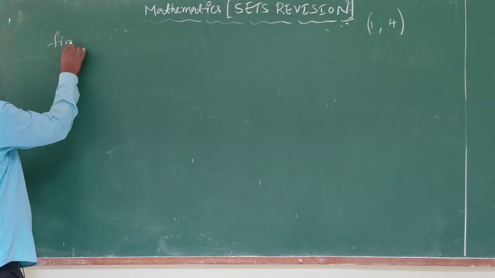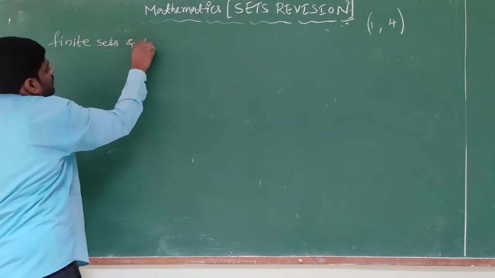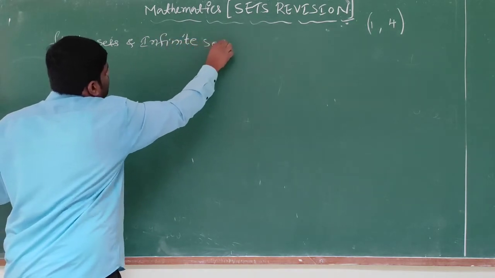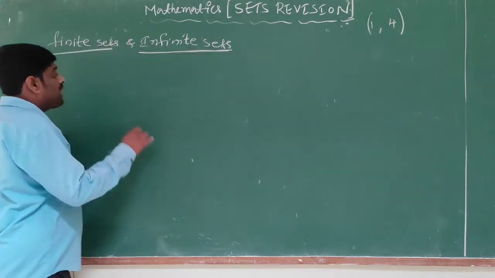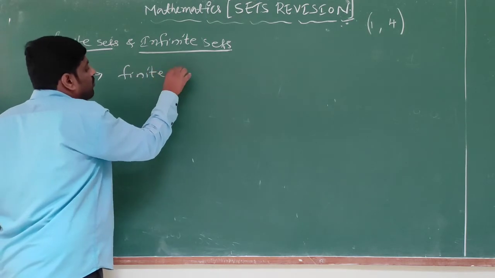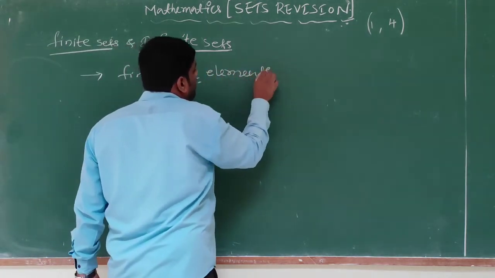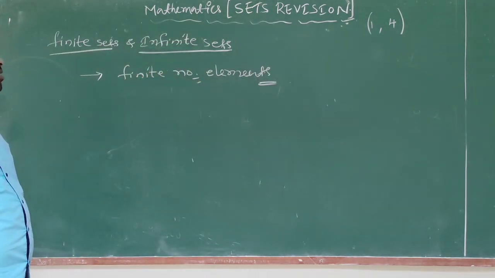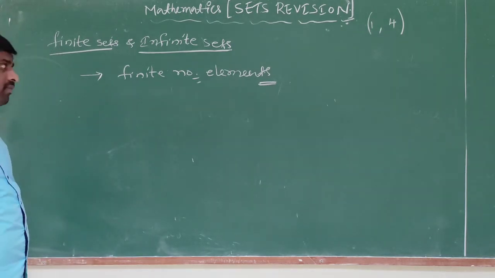Next, finite sets and infinite sets. Finite set means the set containing a finite number of elements is called a finite set.